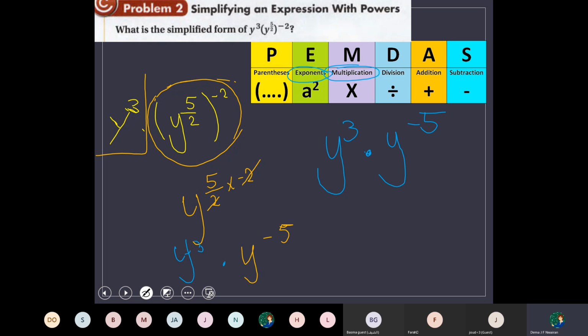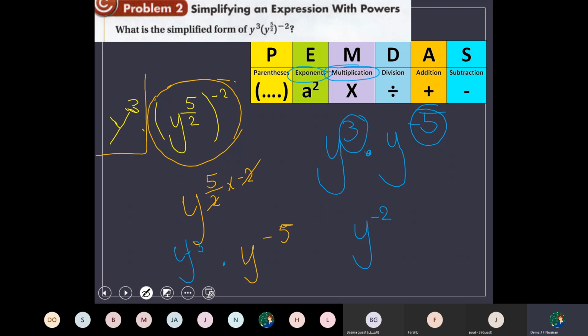Go now to the previous lesson. We have two variables that are multiplied. I will choose one variable y, then I will add 3 plus negative 5, which is what? Negative 2. Then y raised to the power negative 2.